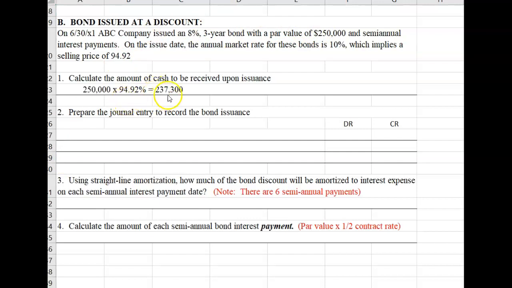So the cash received upon issuance of this bond is $237,300. That's the par value times 94.92%.